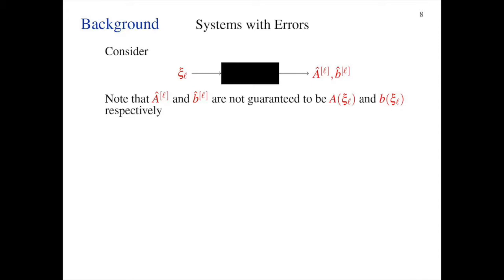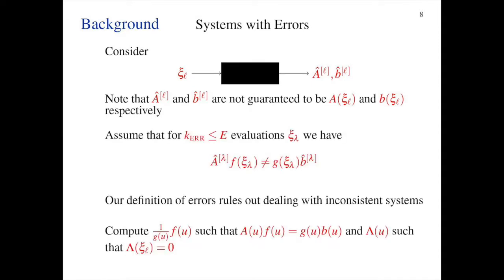Because if they were, you could then just interpolate A and interpolate B. But here, we guarantee that fewer than E times you get a scalar system such that the evaluated solution does not agree with the scalar system.